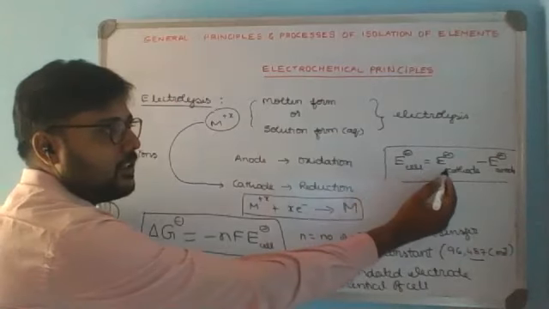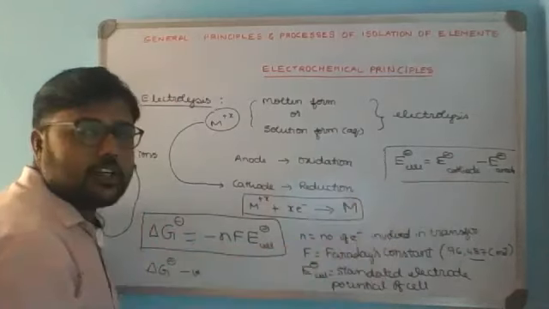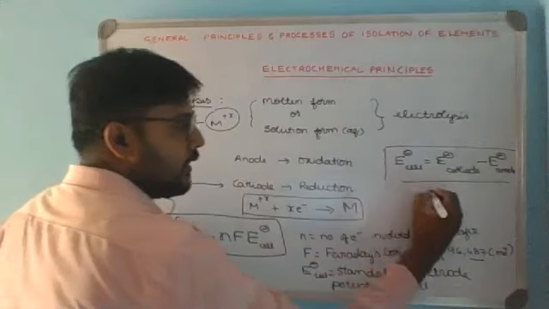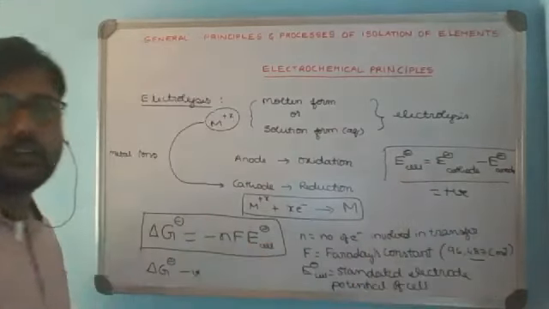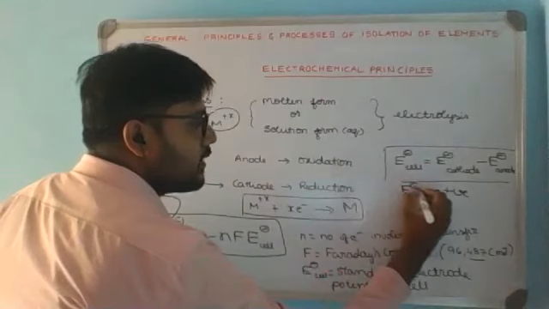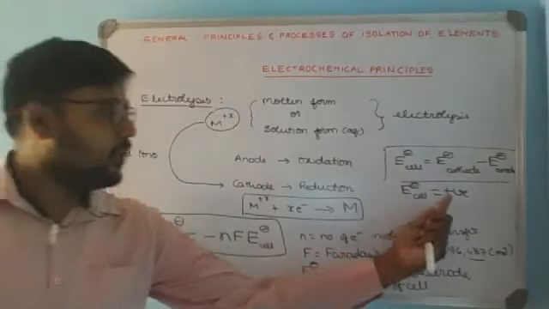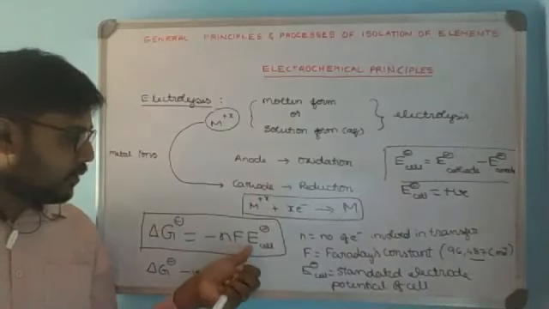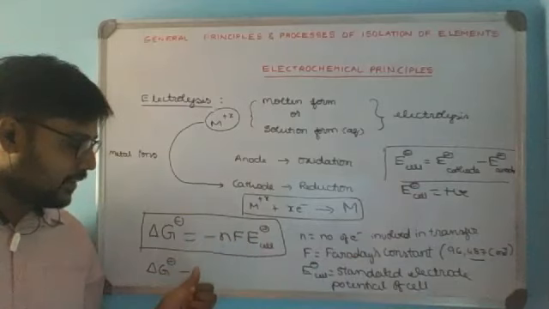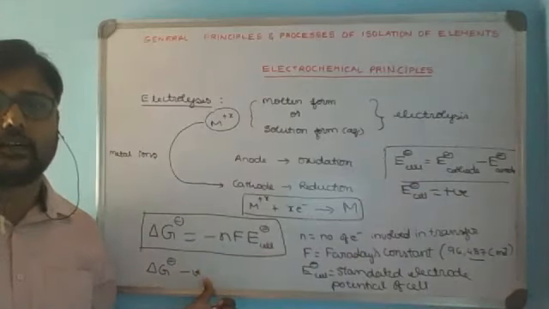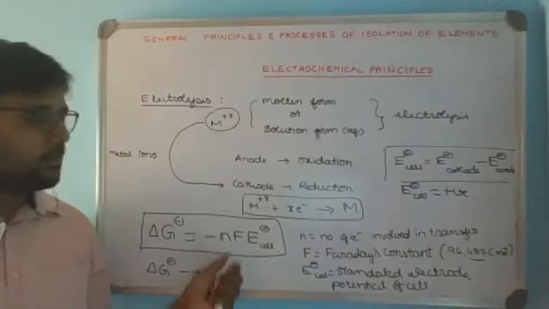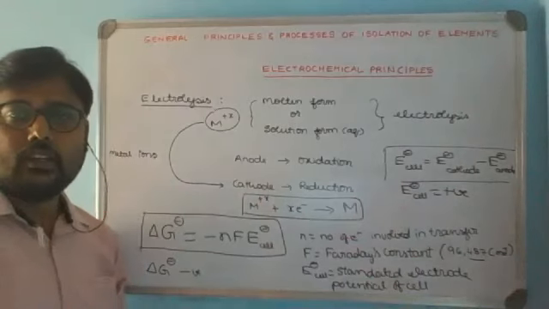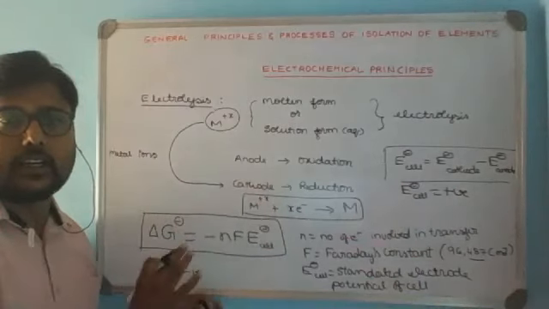Now, if this E0 cell, the difference of E0 cathode minus E0 anode, that is the standard reduction potential of the cathode minus the standard reduction potential of the anode, comes out positive, then if you take that positive value in the equation minus nFE0, positive into negative will make the overall sign of delta G0 negative. Hence, the reduction is possible. Metal can be reduced by using that respective reducing agent. So this is how we can explain the electrochemical principles.